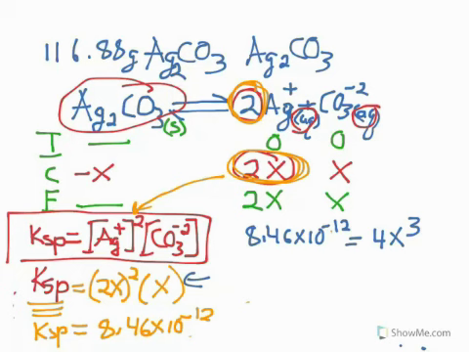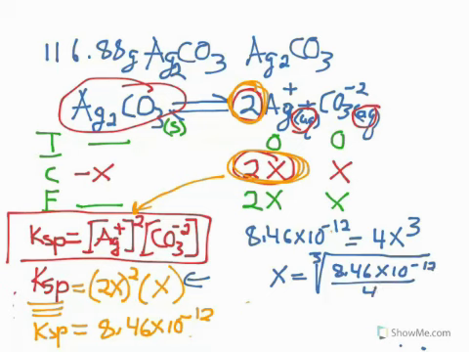So when I solve this, I take x is equal to the cube root of 8.46 times 10 to the minus 12th divided by 4, which gives us 1.28 times 10 to the minus 4th, and the units are always moles per liter. It always comes out in molarity.